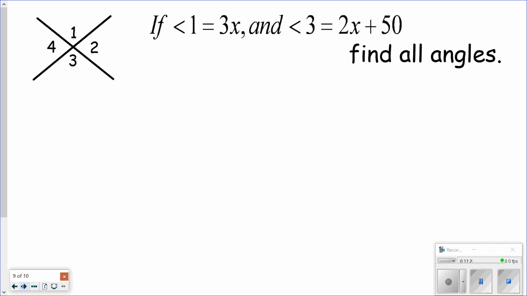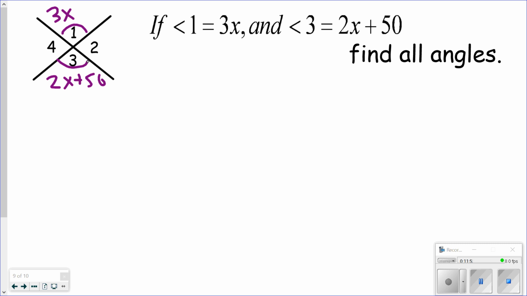All right, let's try this again now with problems that are a little bit tougher. So if angle 1 is equal to 3x, I'm going to write that down, and angle 3 is equal to 2x plus 50, and I want to find all the angles, how am I going to do that? Well, just like the last problem, I know angle 1 and angle 3 are vertical angles, which means they are congruent.